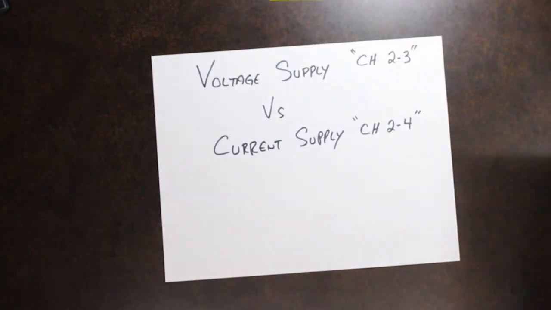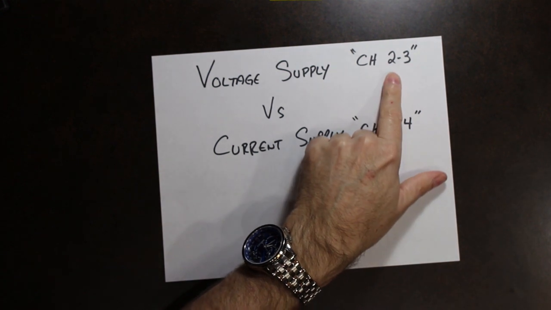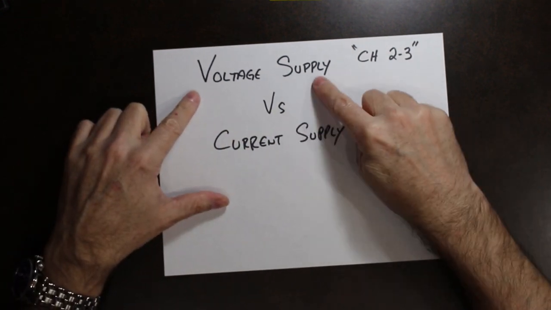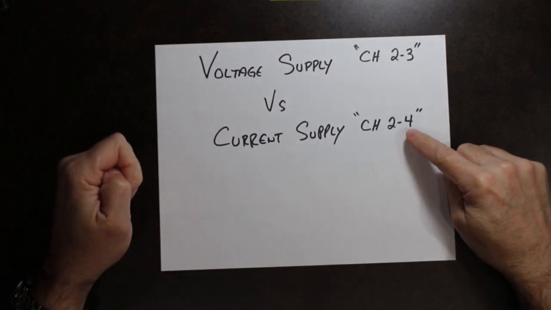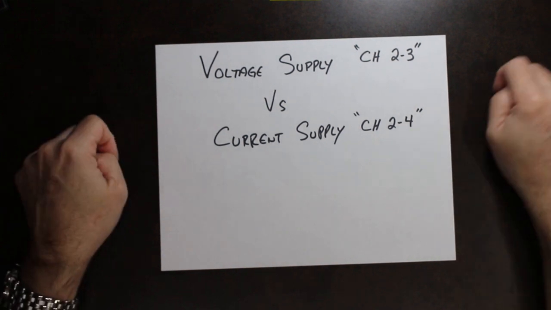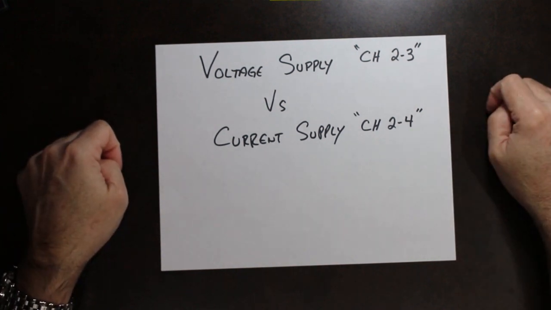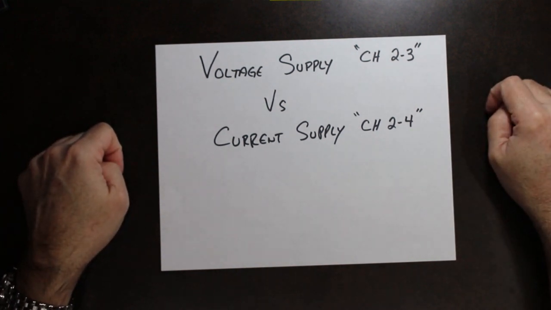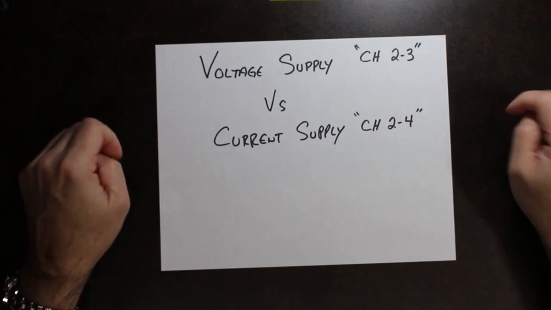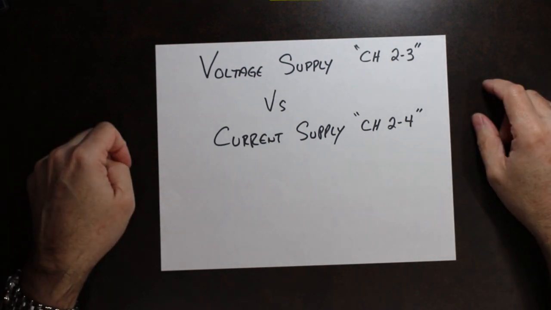If you look at chapter 2-3, it talks about the voltage supply. It talks about the current supply in chapter 2-4. So if you want to go back and do a little bit of research, you'll find out what the difference is between the two.